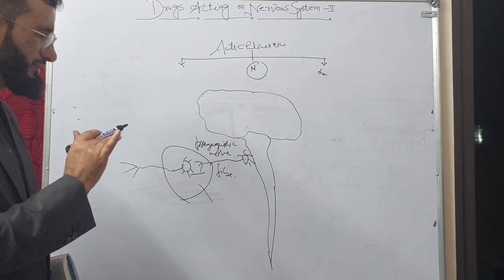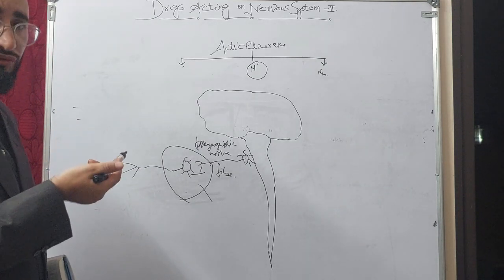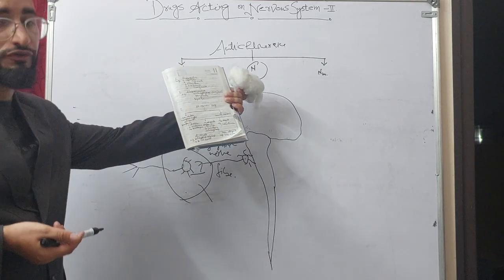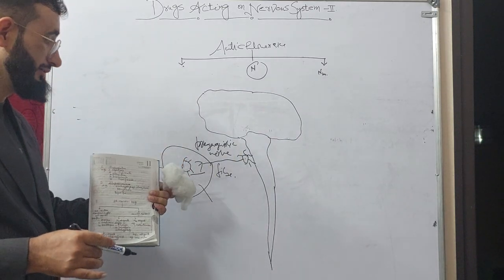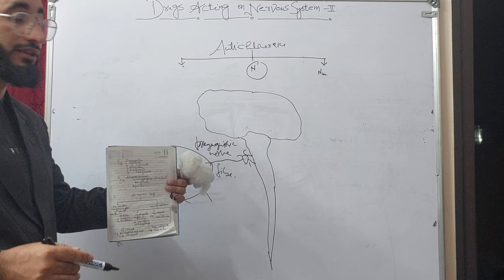Okay, so this is a brief concept about what the ganglion is, because this nicotinic receptor is located in the preganglionic nerve fibers.